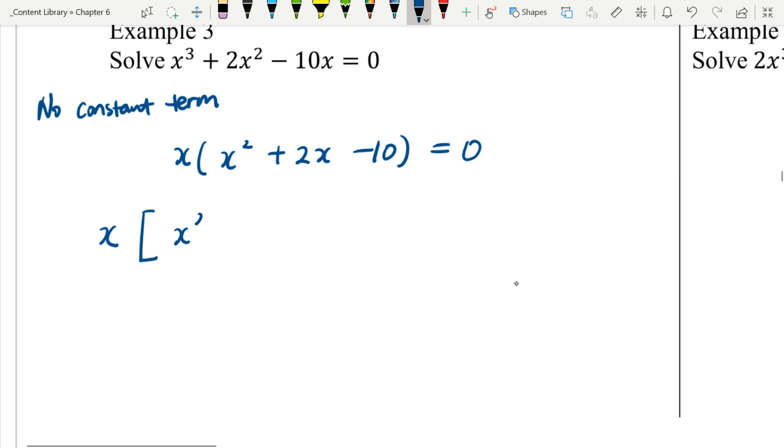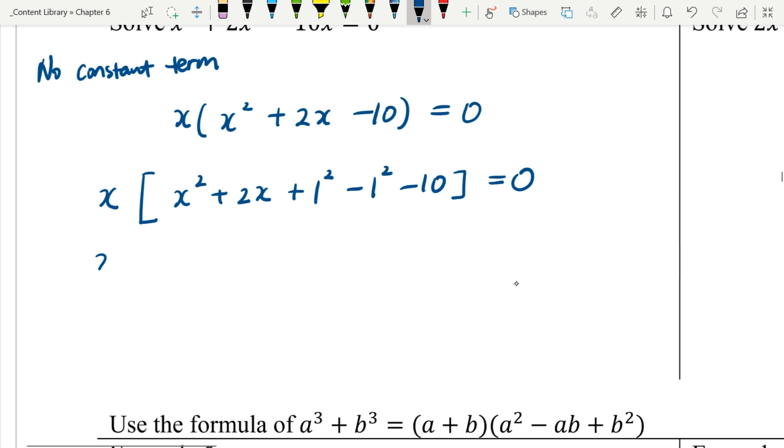So what we can do is x squared plus 2x plus half of b squared minus half of b squared minus 10 equals to 0. So for those three terms, we have x plus 1 squared, minus 1 minus 10 is minus 11.